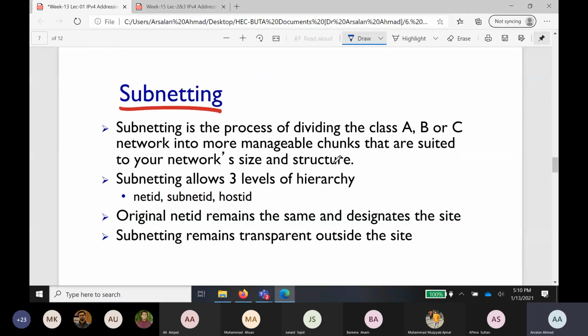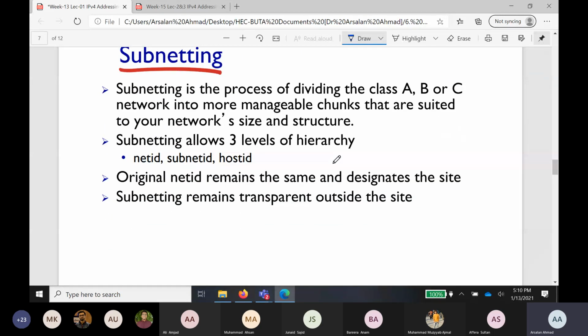We also discussed subnetting yesterday. It is a process in which we divide an address into manageable chunks suitable for our requirement. We solved examples of a class B address, considering the example of NUST.